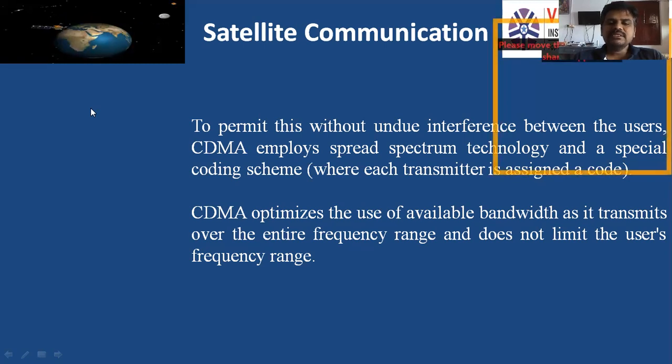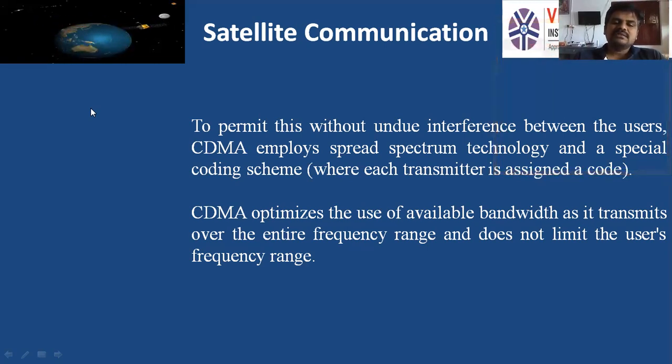In CDMA, the transmitter, that is the satellite, transmits the data along with a spreading code. If the receiver or the user knows that spreading code, whoever has this code will access the bandwidth or the data.